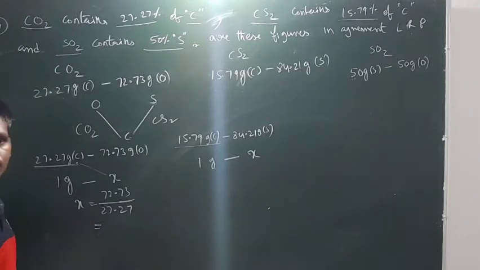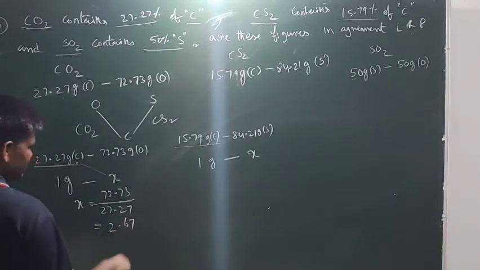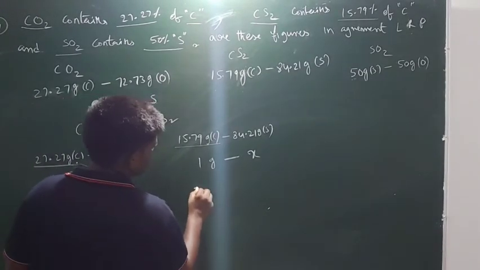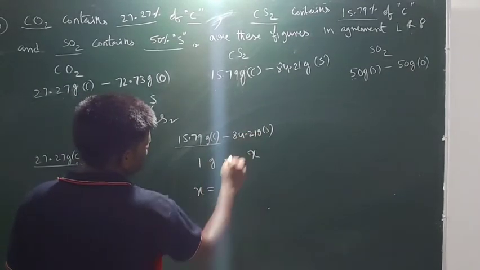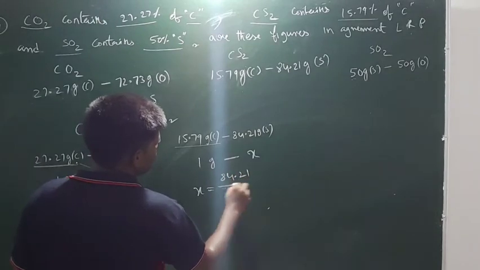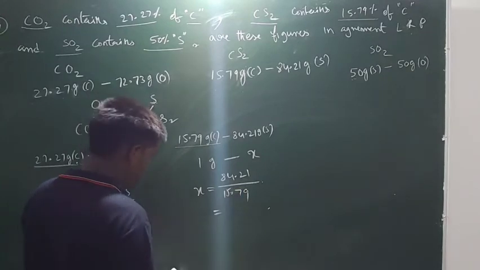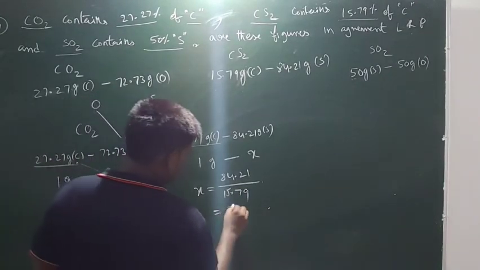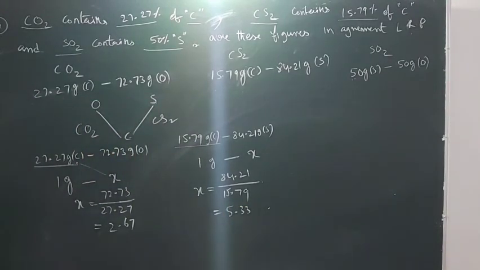If you simplify this, you get a value that is 2.67. And here also, through cross multiplication you can get the X value: 84.21 by 15.79. If you simplify that, you get a value that is 5.33.